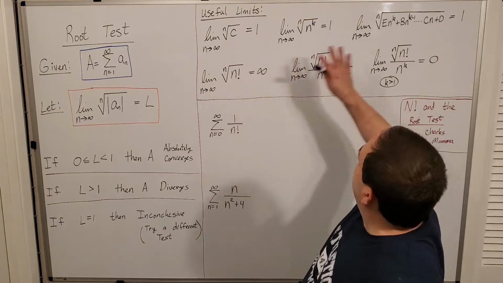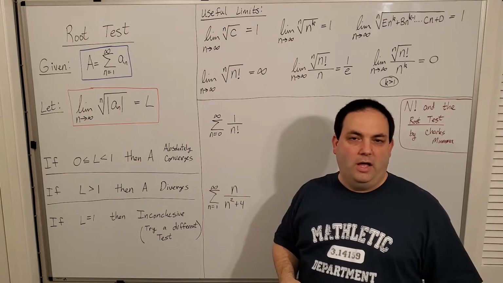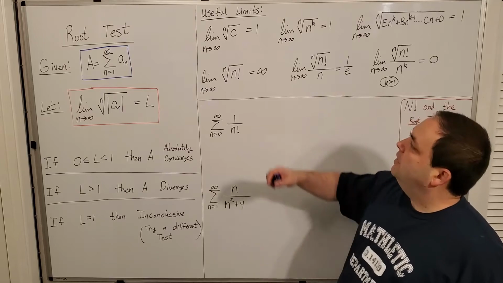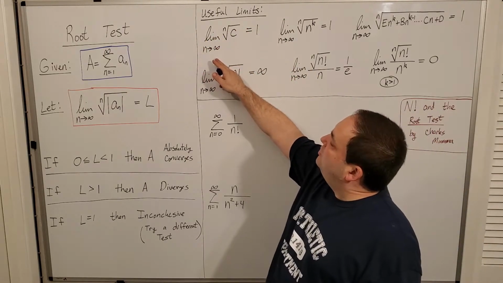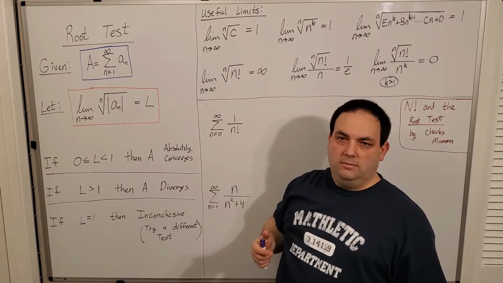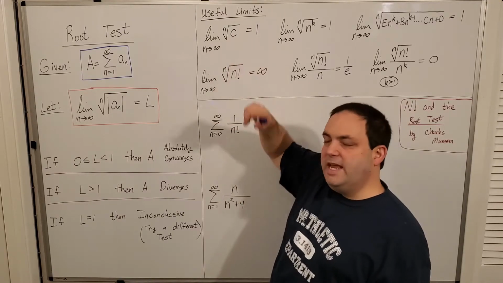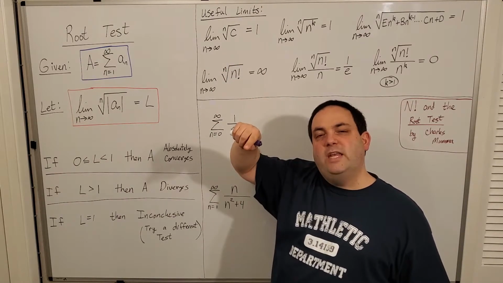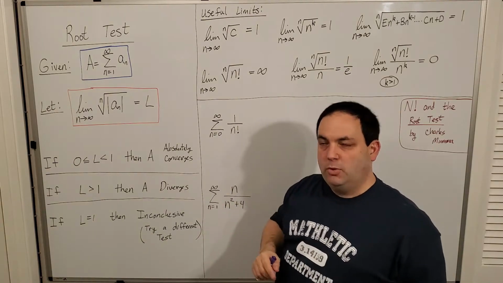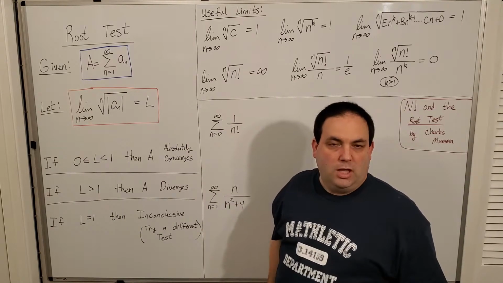Okay, so I've written down some useful limits that you can use to help you simplify a lot of these things that would probably involve an nth root. So the limit as n goes to infinity of the nth root of some constant. And by the way, most of these can be shown just by changing the nth root into the 1 over n power, and then doing the little logarithm trick where you take a logarithm of both sides, and then you can drop the power, and it turns into some sort of L'Hopital's rule a lot of times.